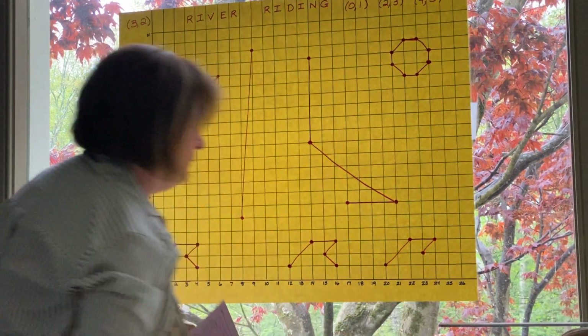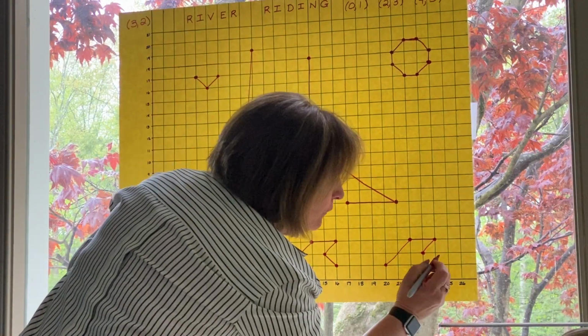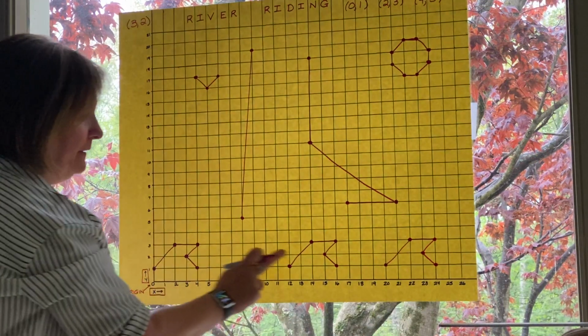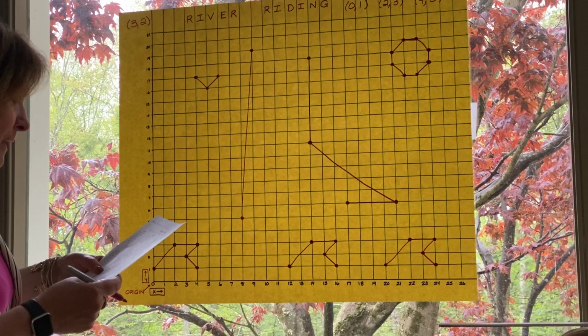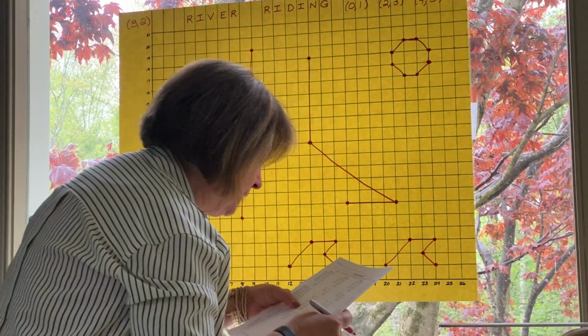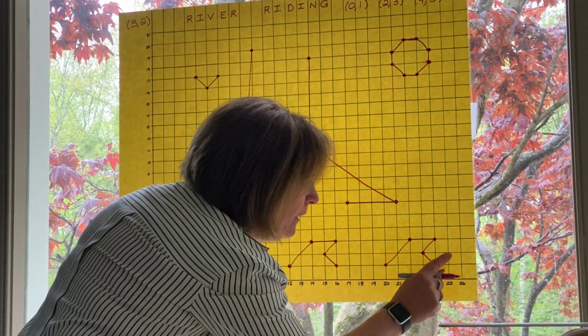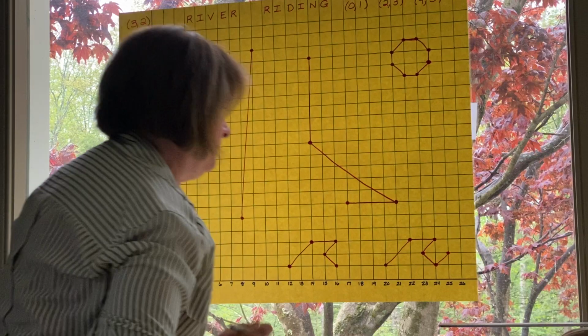I wonder what those could be. And 24 and 1. So 24 and 1 is here. And there seems to be that definite pattern there. And the last one they asked me to do is 25 and 2. So over 25, up 2. And we're going to end there.